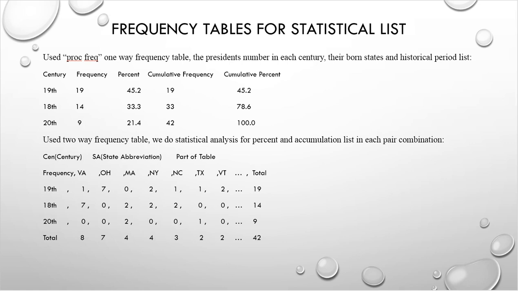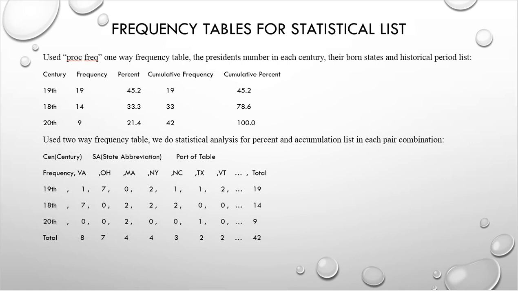And using a two-way frequency table, we can combine two more interesting variables, like we can combine century and states to do data analysis. We can very easily point out in the 19th century how many presidents were born in Vermont state.